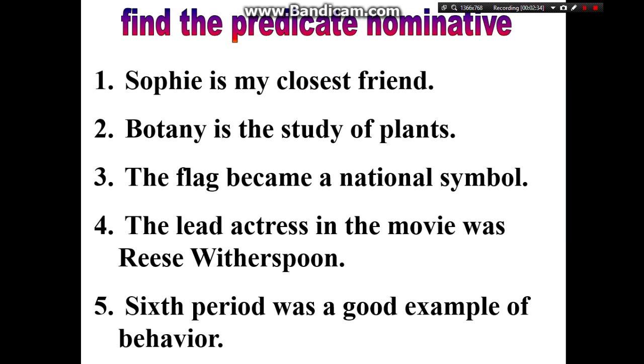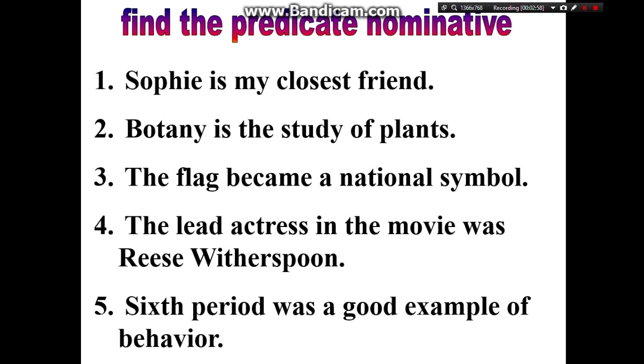Now, in the bottom part, I want you to write the first 3 sentences and see if you can find the predicate noun. So for number 1, you would write, Sophie is my closest friend. First, think, where's the linking verb? It's is. Please remember, is a verb. Well, what is Sophie? Friend. So your friend is your predicate noun.